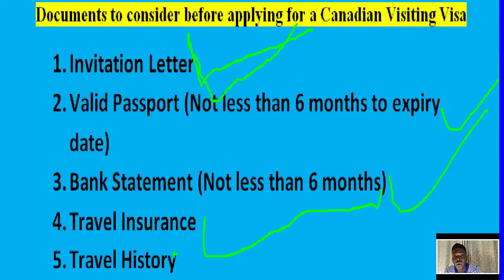So with this letter, you will be directed to the nearest Canadian High Commission where you will go to do your biometrics. After your biometrics or finger scanning, your application process has actually begun and it will be under review.